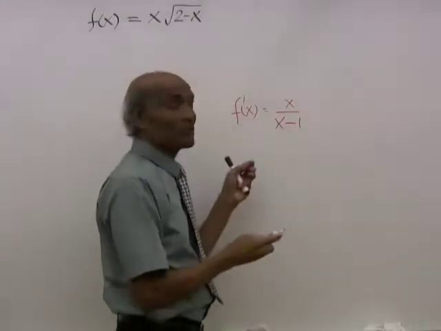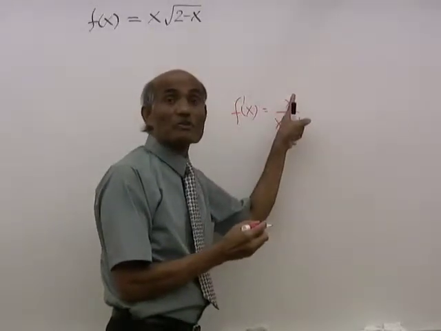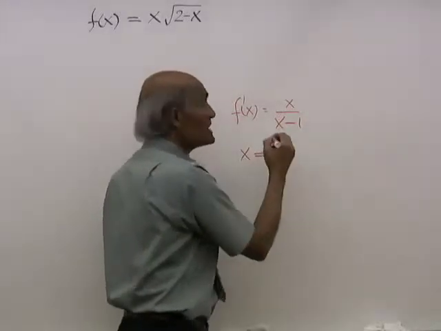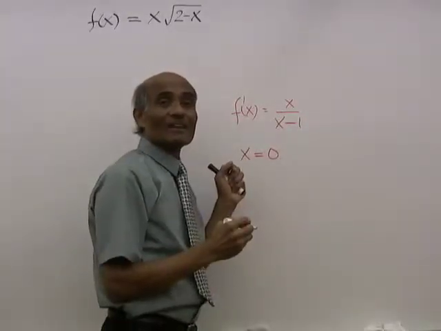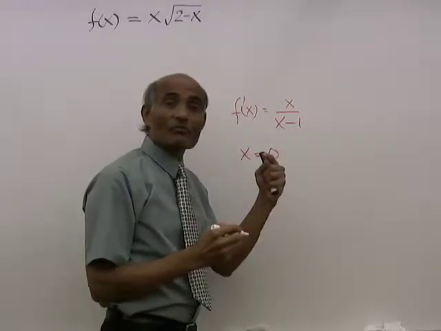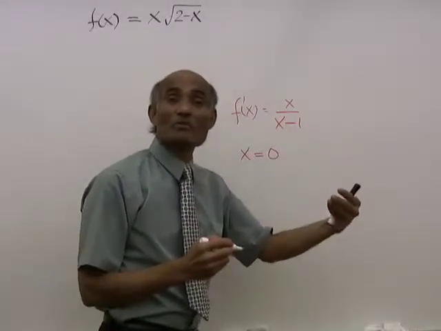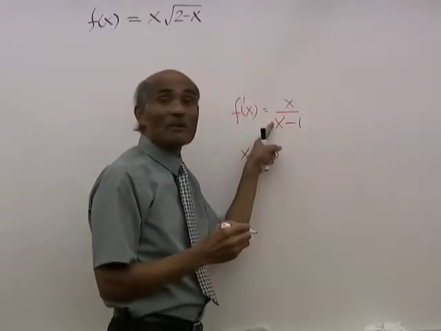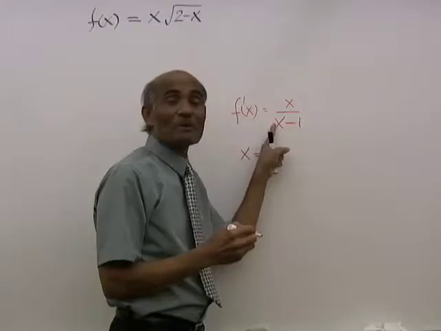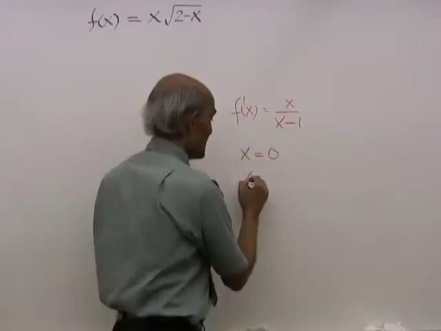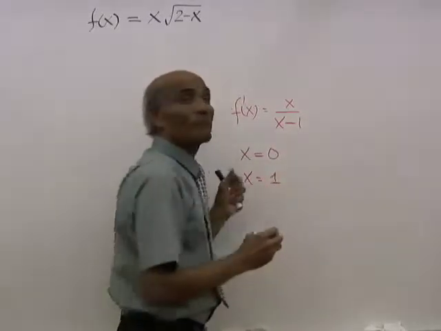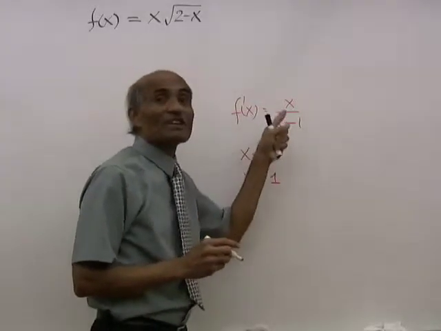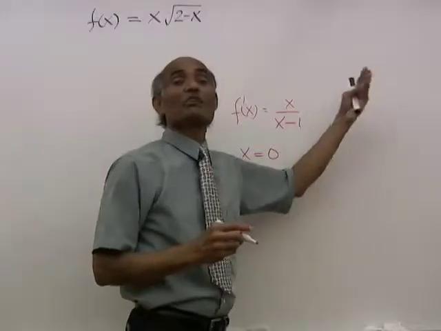Well, the critical numbers can occur when the derivative equal to 0. In other words, x equal to 0 is a critical number. It can also occur where the derivative is undefined. Now, this derivative becomes undefined when this denominator becomes 0, or at x equal to 1. But x equal to 1 is not in the domain of the original function.